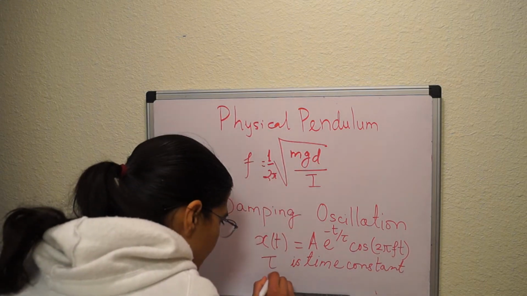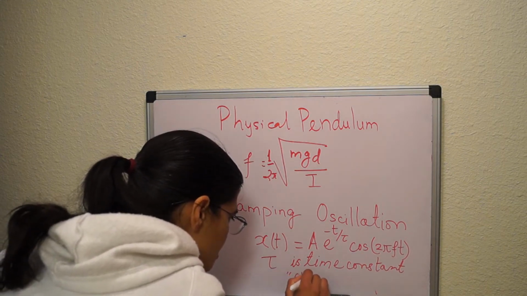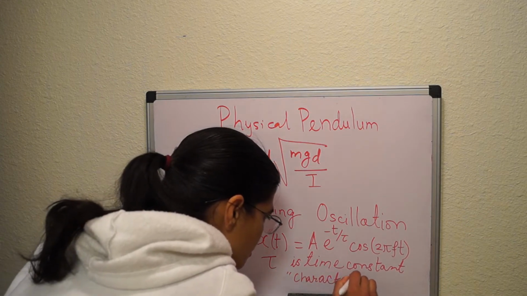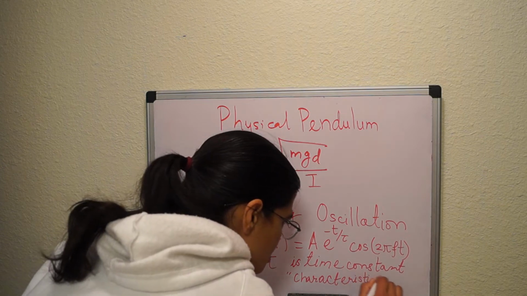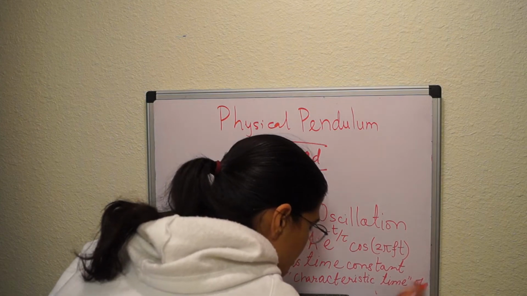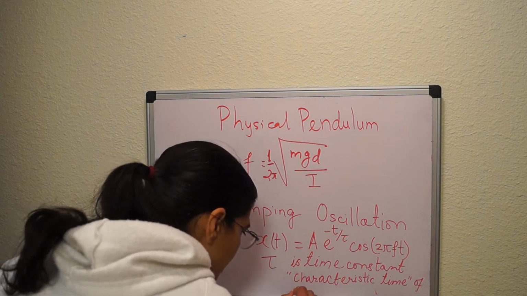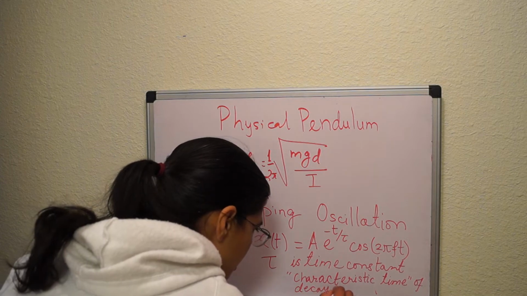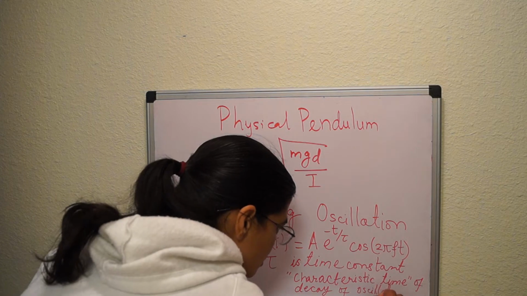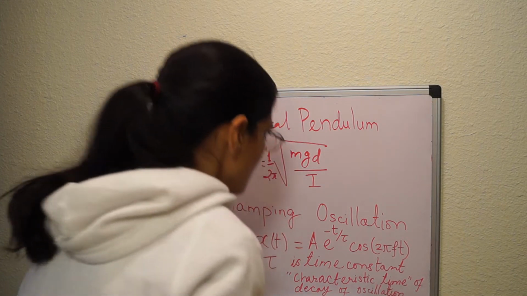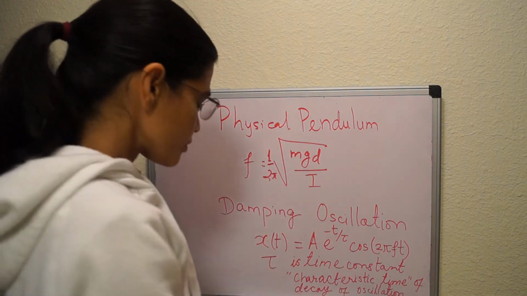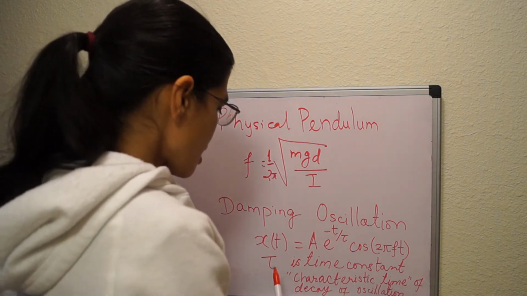also called the characteristic time of decay of oscillation. Okay, so tau is important, right? We also did one of the problems related to it.